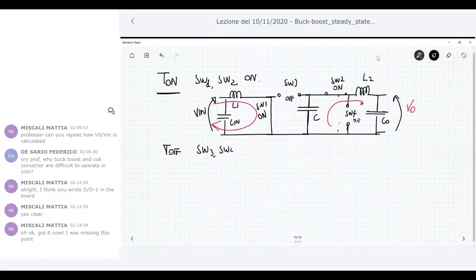What happens during T off? Now during T off, switch 3 and switch 4 are on, so if you want to redraw the circuit, it looks like this.